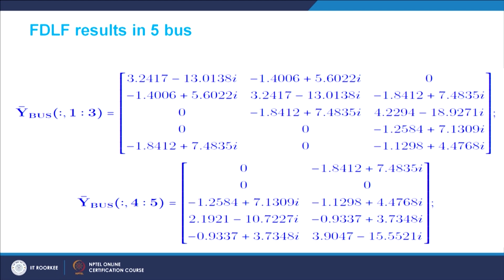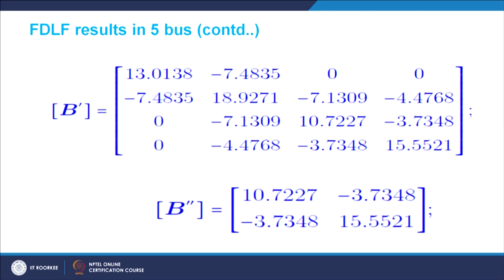Accordingly we have formed the B dash matrix, and here we have also formed the B double dash matrix, because we have 3 generators in this system, and bus 4 and bus 5 are the PQ buses. As there are only 2 PQ buses, the dimension of the B double dash matrix should be 2 cross 2.